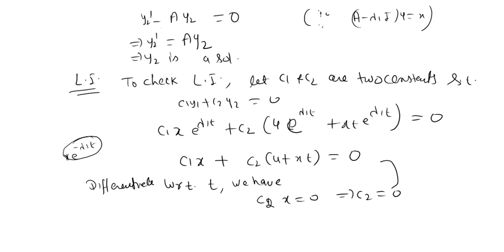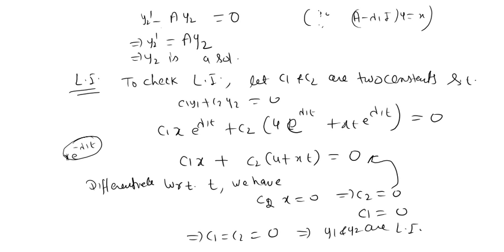Putting c2 equal to 0 here, you get c1 equal to 0. Okay, so only the trivial solution c1 = c2 = 0. So this implies y1 and y2 are linearly independent. So they make a fundamental set of solutions. So the general solution can be written as y equal to c1 y1 plus c2 y2.